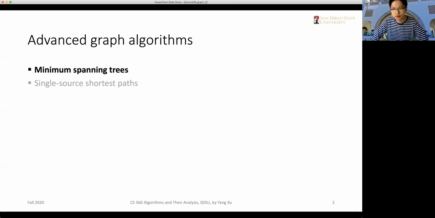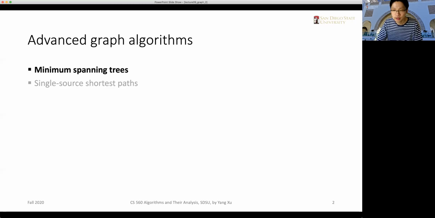These two types of algorithms are heavily focused on the weights and on the weight-based distances. For each type of problem, we will have multiple algorithms that can be used to solve them. So for each subproblem, there will be quite a bit of content.